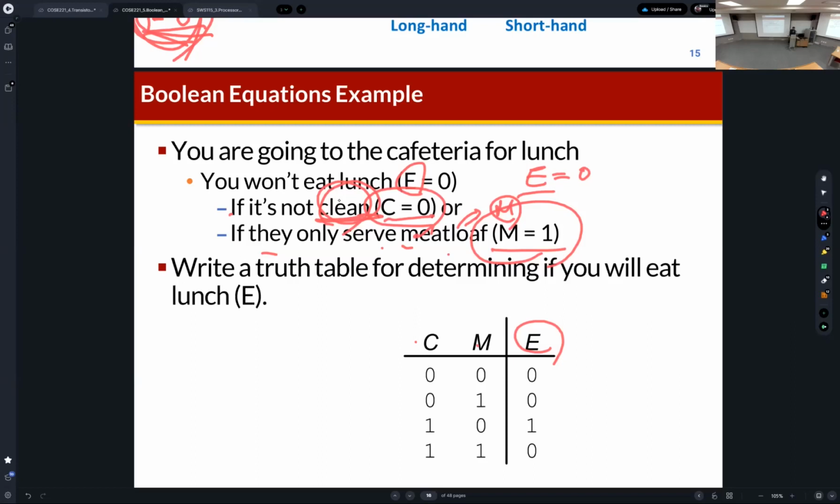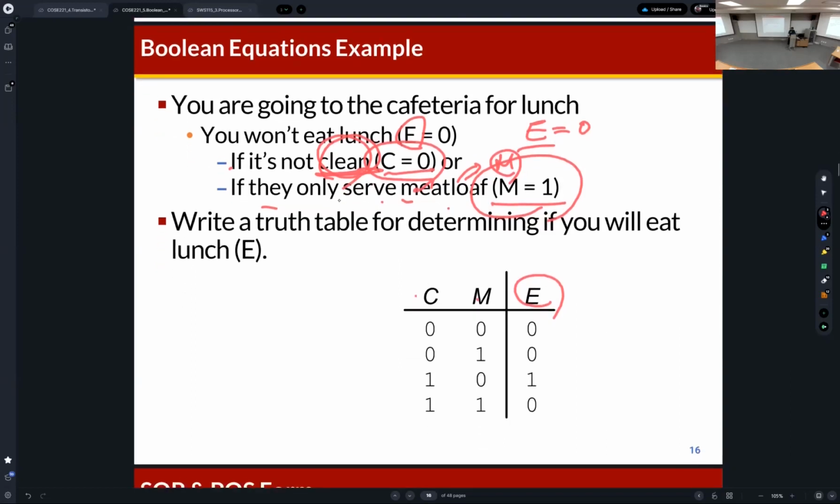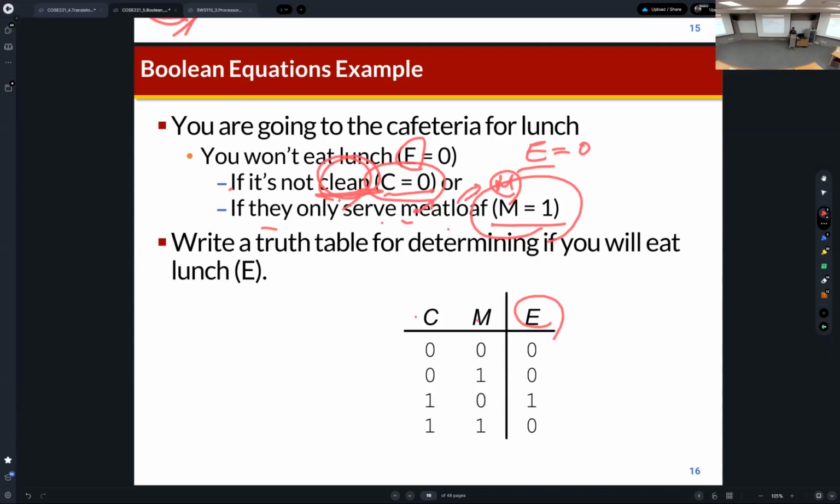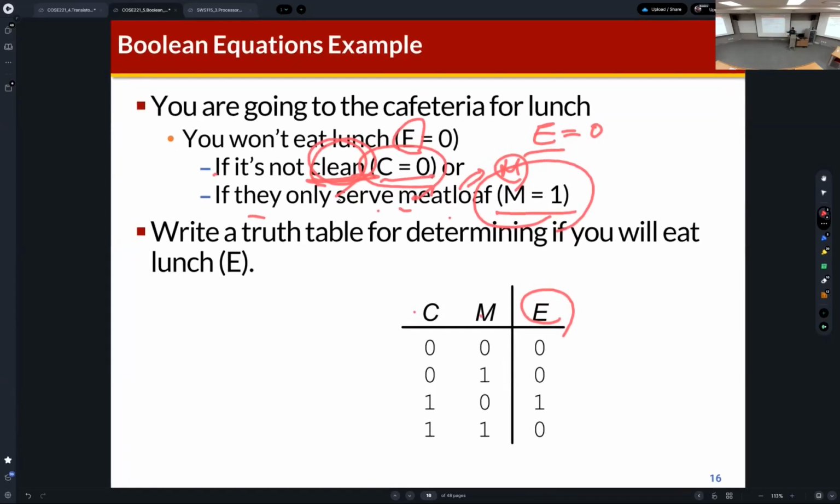So why did I explain it like this? This is the hardware. We need to generate hardware that can meet the specification of our result.